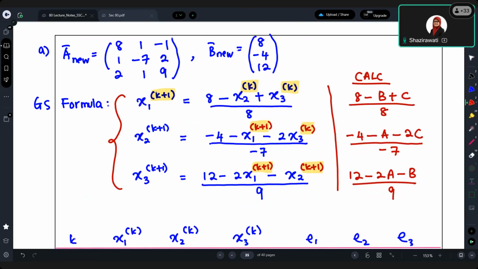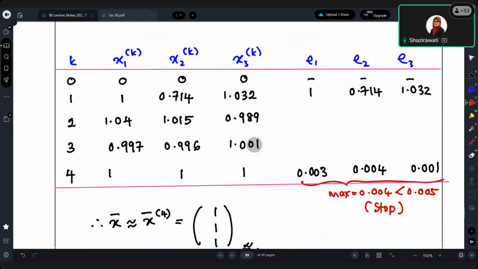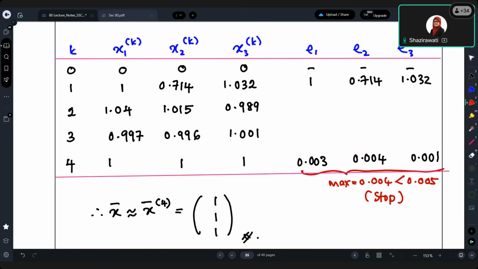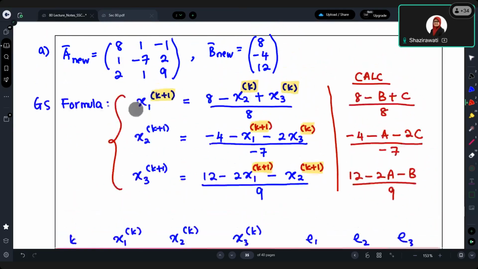You mungkin at the first, you terlupa nak check SDD, you terus pada formula, you akan tengok dekat bahagian error ni makin besar, makin besar. So you should know bila you ada situation macam tu, so you must check balik. Oh, ini dah check belum SDD tadi. Okay, because kalau you tak check SDD, equation akan jadi lain. Mungkin equation 1 you adalah yang 12 minus B. So itu yang akan membezakan dia lah.